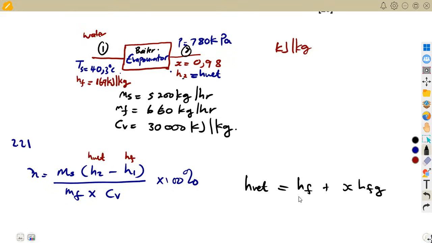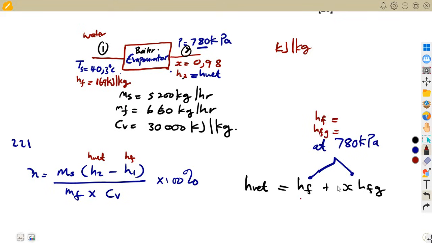By doing this, we are supposed to obtain a pressure that we are going to use to obtain HFG and also HF there, which is the pressure that we are given at 780 kilopascal. So what is the value of HF there? What is the value of HFG there?